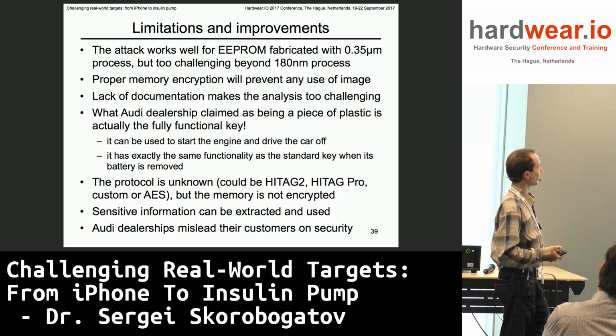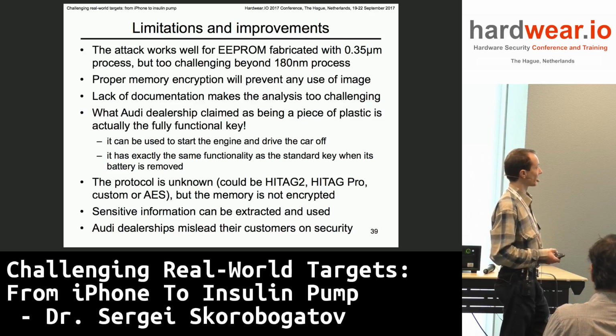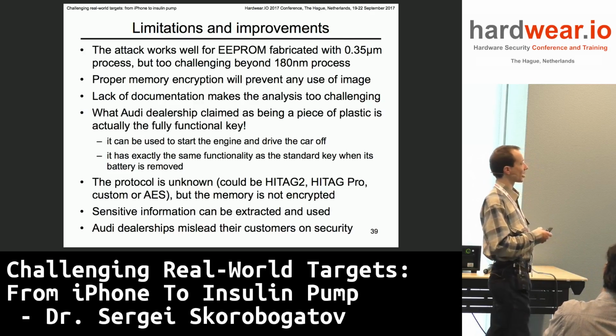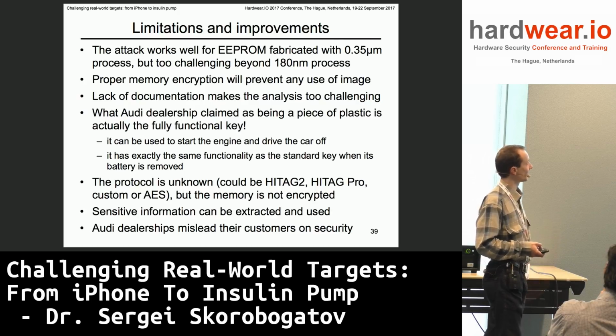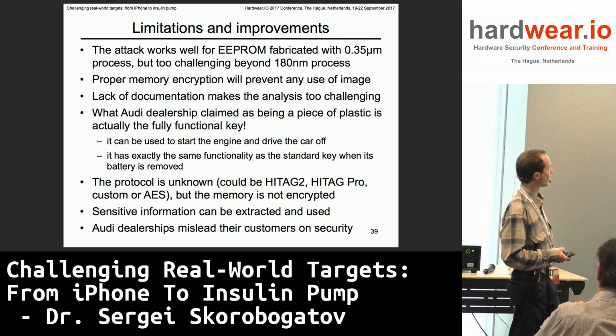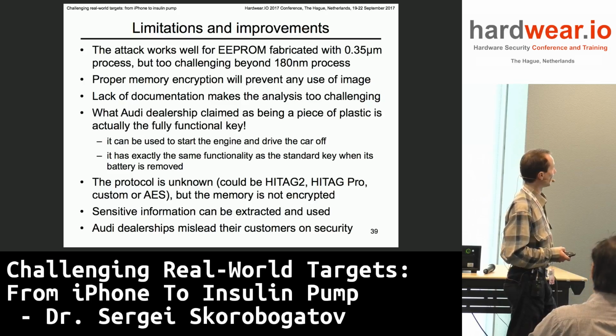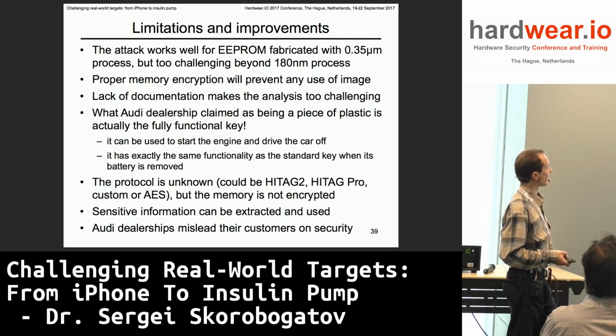Obviously I proved the audit leadership wrong in their claim that the plastic spare key is just a piece of plastic. It can actually be used to start the engine and to drive the car, and it has exactly the same functionality, exactly the same chip inside as the standard key.